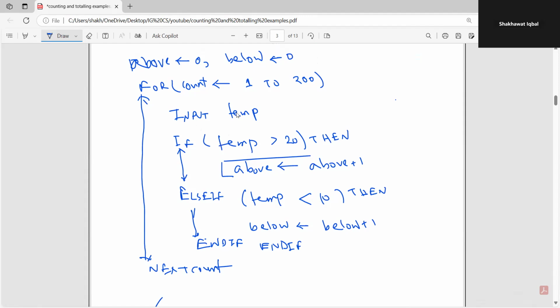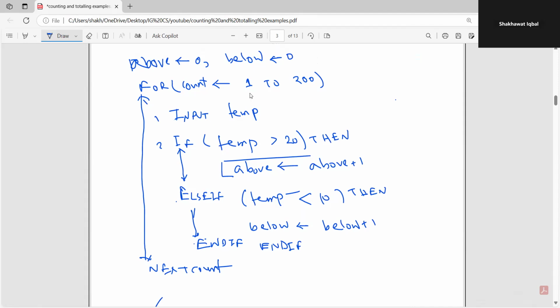We need to run a loop because 200 times we have to input the temperature. If you don't use the loop, you have to write these 6 lines 200 times. That's the power of the loop.